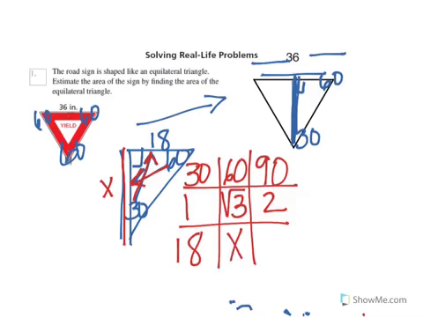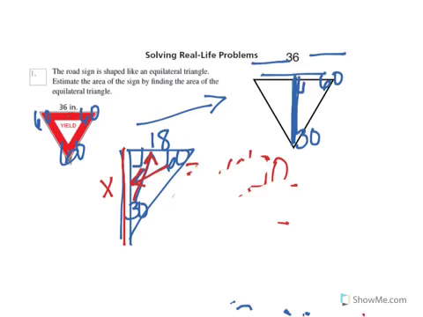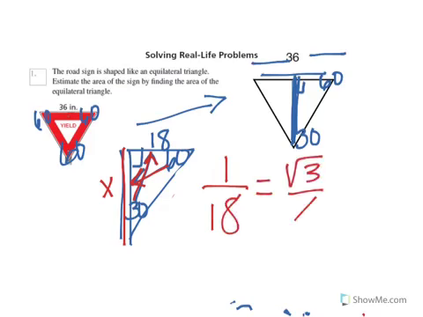So, in order to get that, I am going to go ahead and cross multiply. And I'm going to erase first so I have some more room. So when I cross multiply, I'm going to end up having 1 over 18 equals square root of 3 over x.